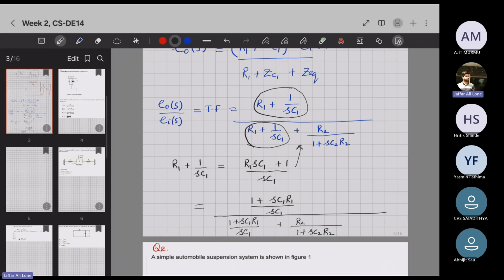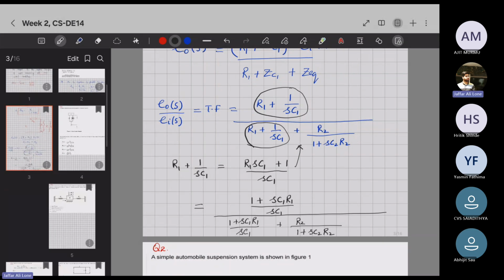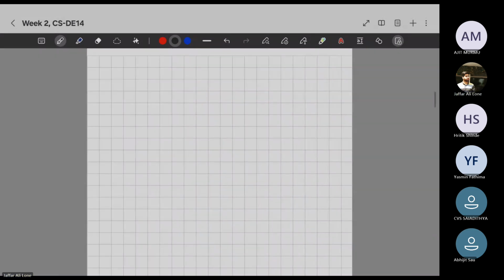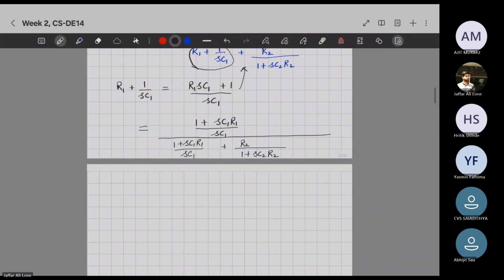Just give me a minute. Okay, so now let's simplify it again. Let's simplify this denominator. The numerator I'm writing first: 1 plus SC1 R1. Now let's take the denominator into consideration. Multiply this first.